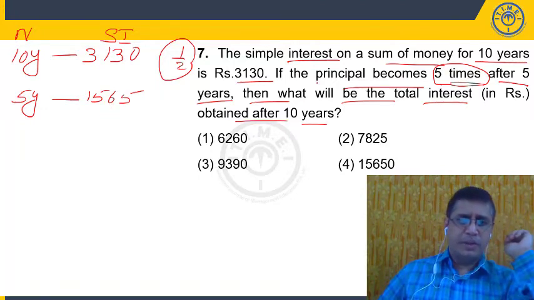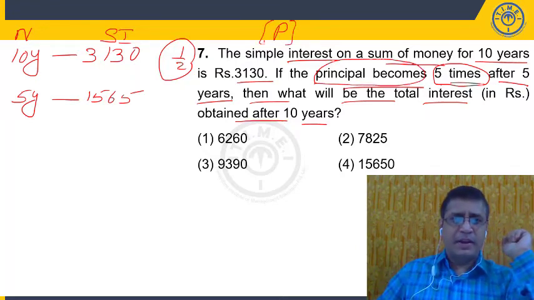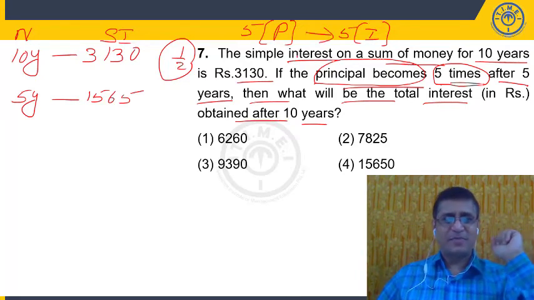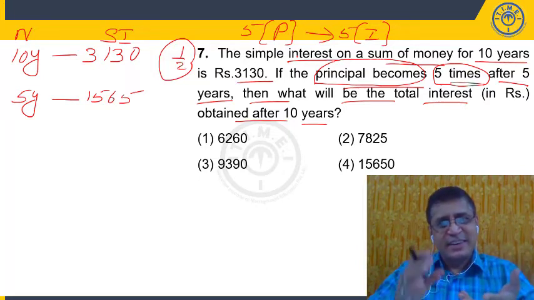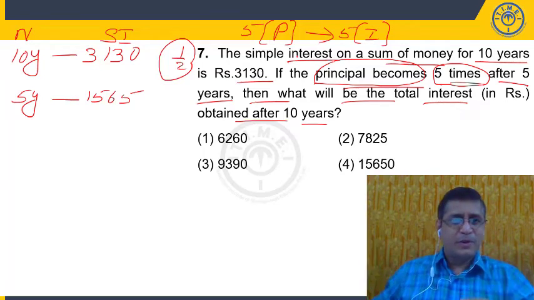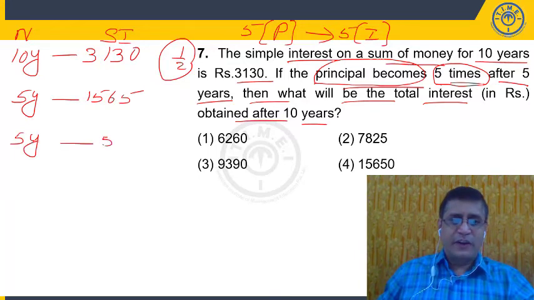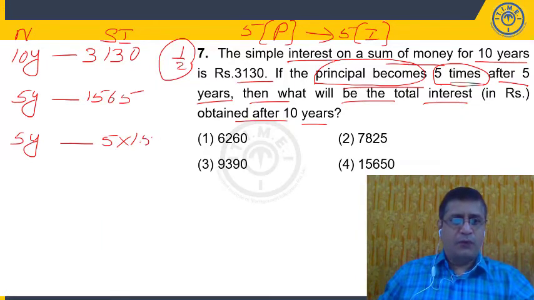Now, if you read the question carefully, the principal becomes 5 times. My dear students, when the principal becomes 5 times, simple interest also becomes 5 times. Yes or no? When the principal becomes 5 times, what does it result in? Interest also becomes 5 times. So, what is the interest for the next 5 years? It is 5 into 1565.